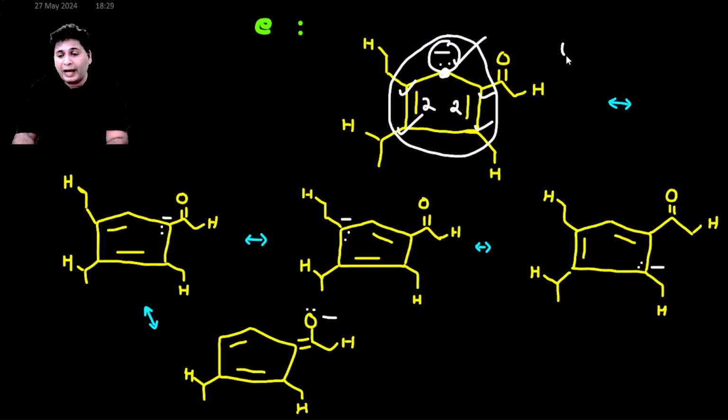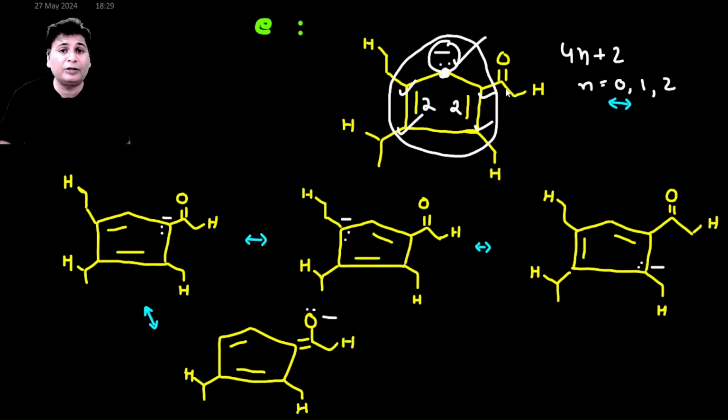It has to follow the 4n plus 2 rule, where n can be 0, it can be 1, it can be 2. So if you put n equal to 1, you get the 6 pi electrons, which is required by Huckel's rule for a species to be aromatic in character. So you found a very unusual stabilizing factor associated with this anion, and that is aromatic behavior.